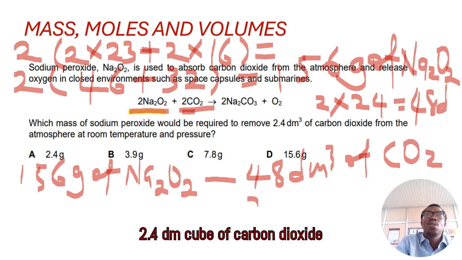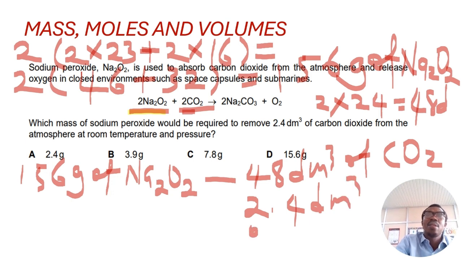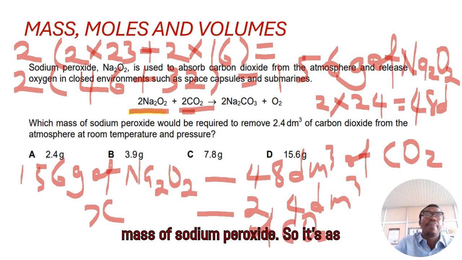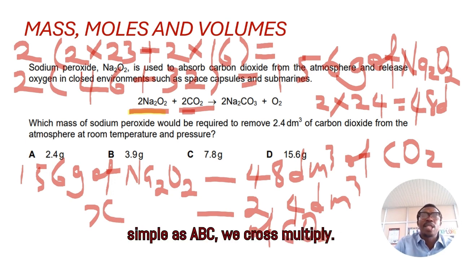Therefore, 2.4 dm³ of carbon dioxide will require what mass of sodium peroxide? It's as simple as ABC.